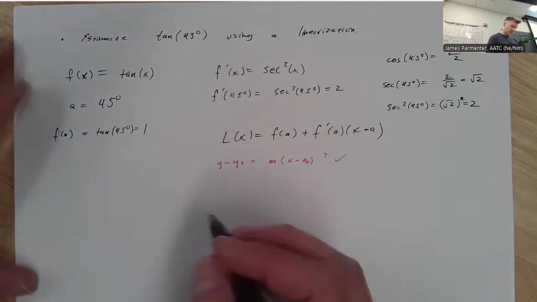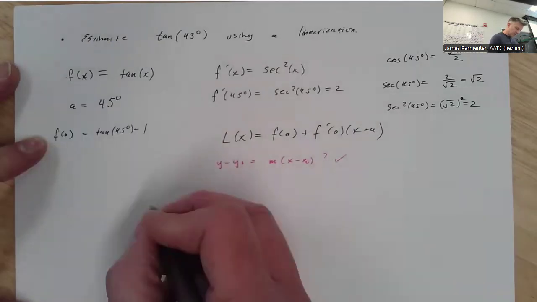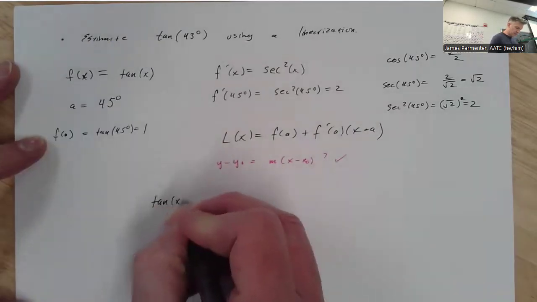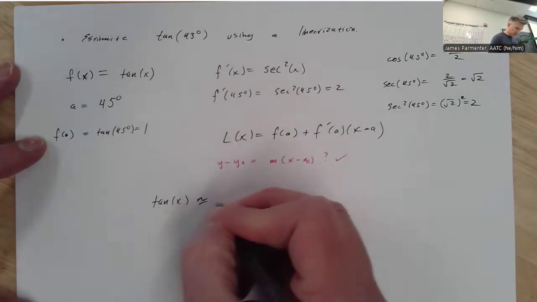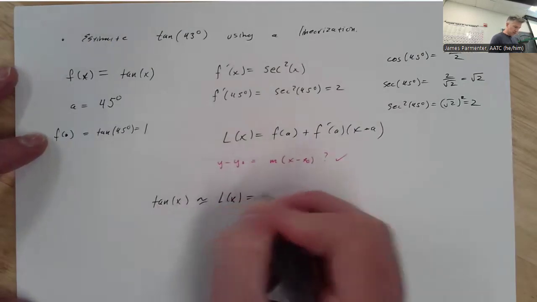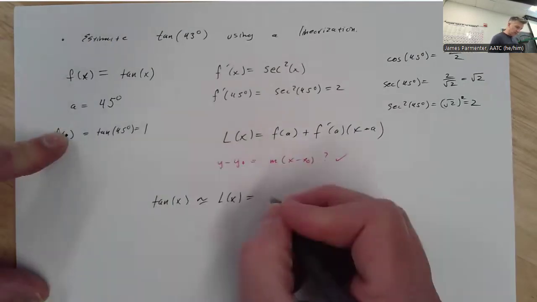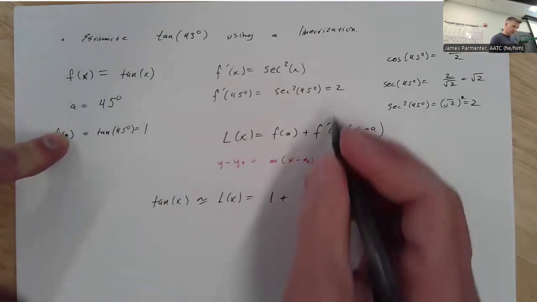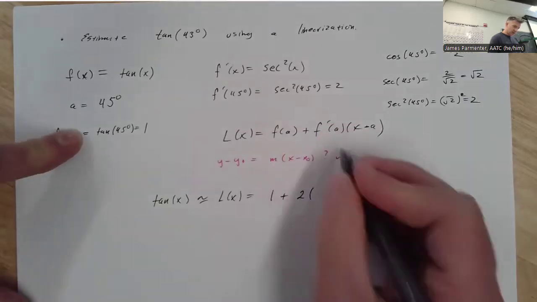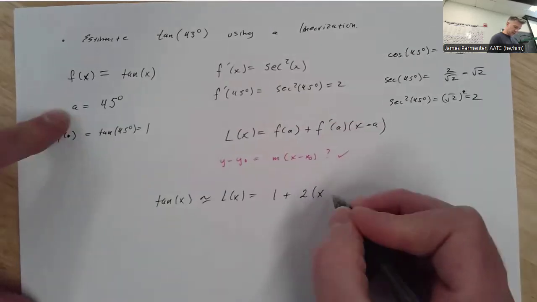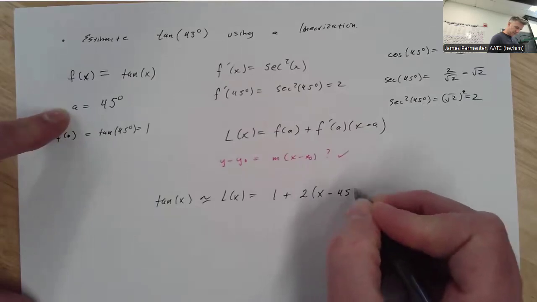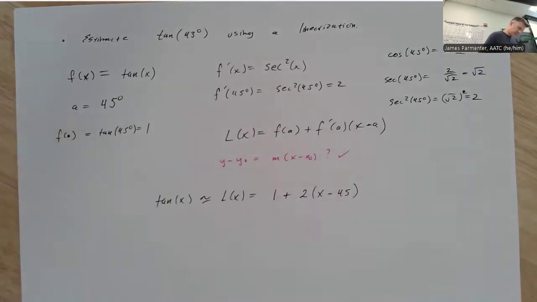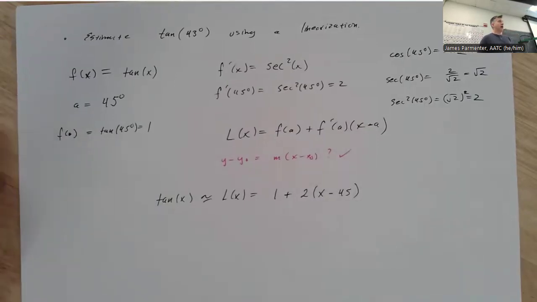All right, so let's do it. We're going to say that tangent of x is approximately L of x, which is my f of a, which was 1, plus my f prime of a, which was 2, times x minus a, and that's x minus 45. Okay. So I'm about to make a mistake.